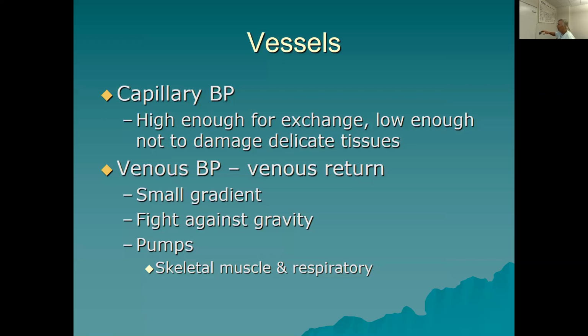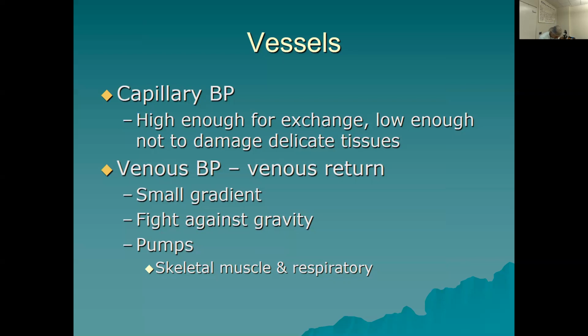Venous blood pressure and venous return. We know that the arterial side has higher blood pressure than the venous side. So the venous side is a low pressure system. For the blood in the veins in your head and neck and shoulders, that's no problem getting back to the heart because gravity assists.